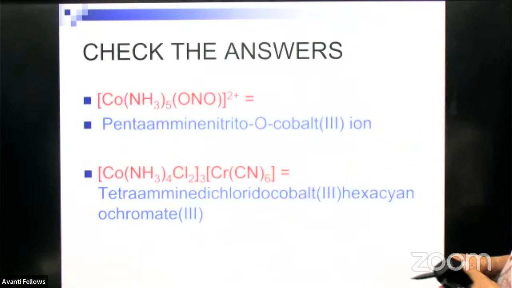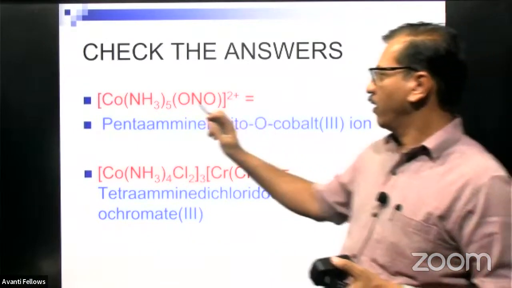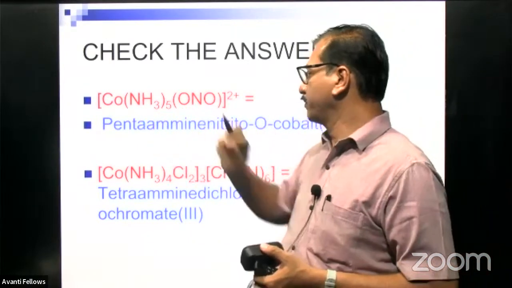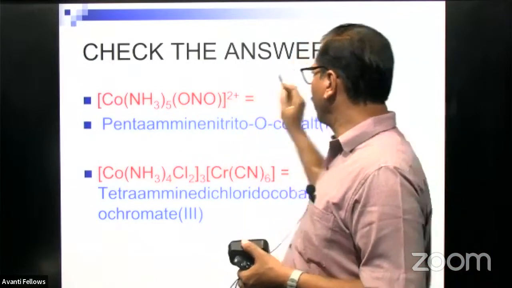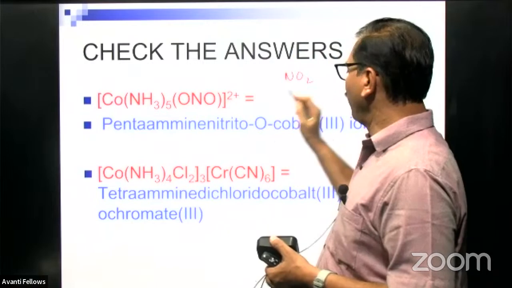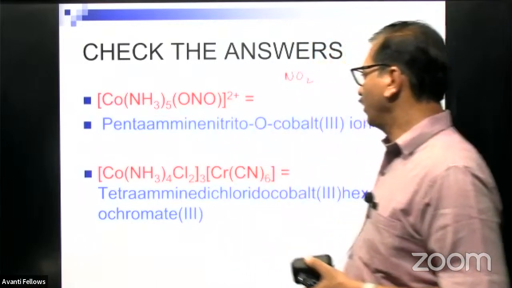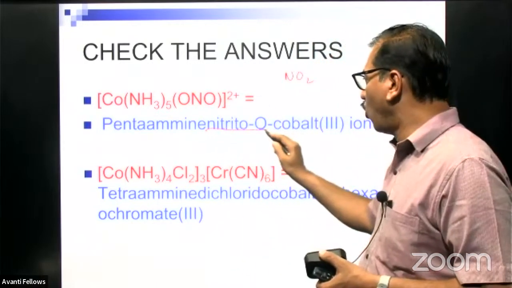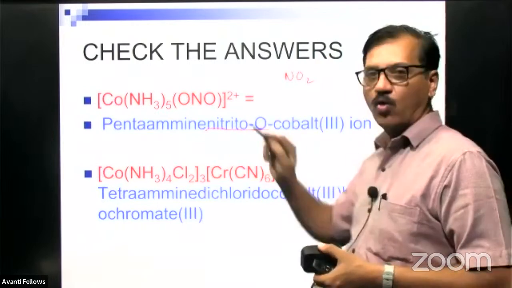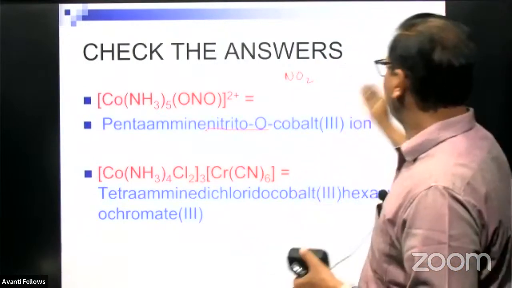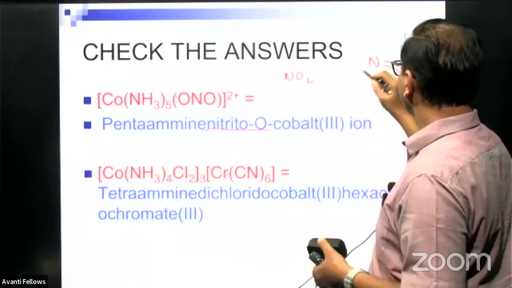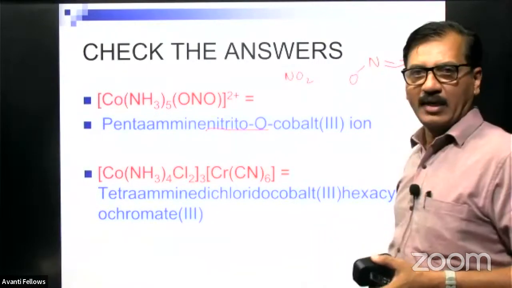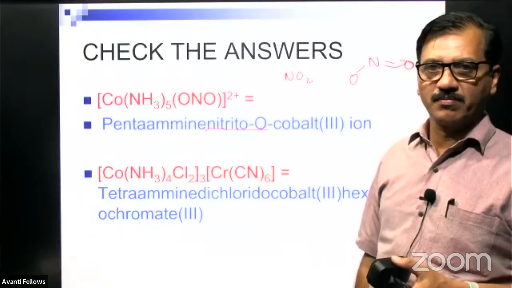Okay, I will give the answers. Pentaamine, pentaamine. If it is written ONO instead of NO2, then it is nitrito-O. NO2 has two ligating atoms.